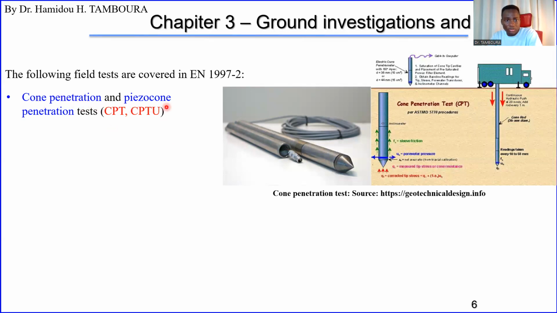I'm not going to give all the detail of this test in this video because there is another program that will focus on lab and field tests. Here, maybe just the names. You will see only the names.